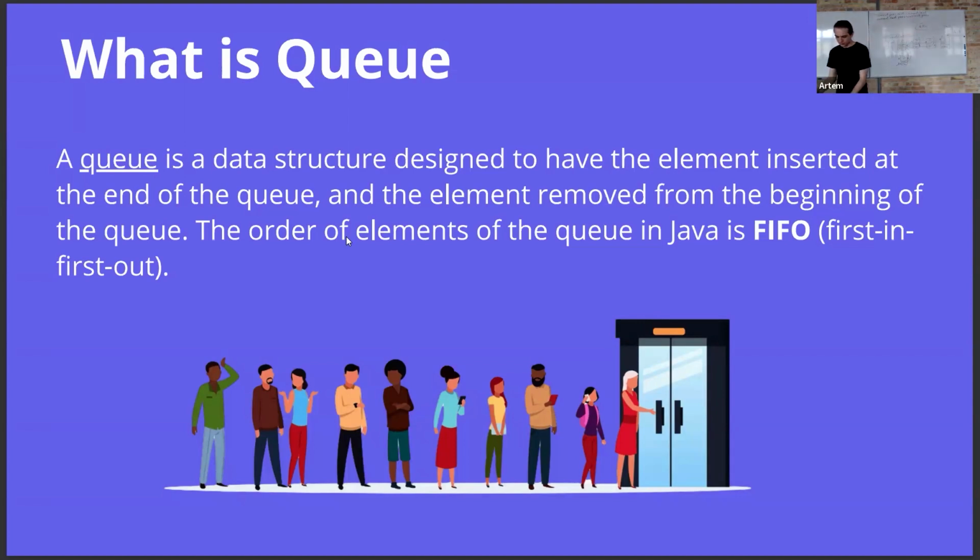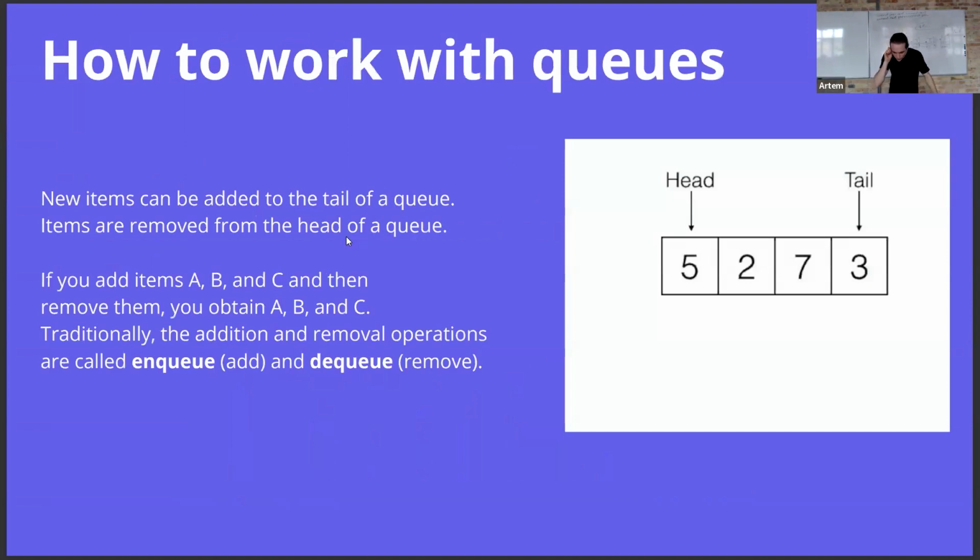So we have an element, we added the next element, and the next element, and when we remove an element from queue, we're not removing the last one as with stacks. We're removing the element that was first in our process of adding data. Then this one and then this one. Also a very cool GIF animation in this PDF.